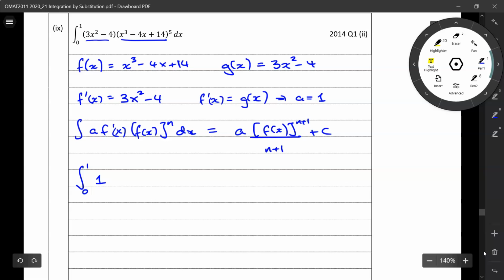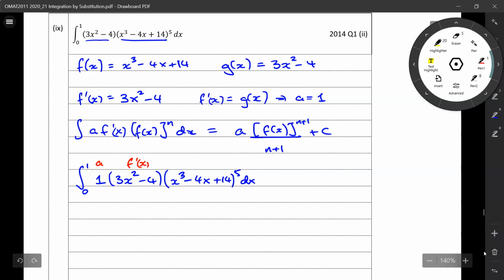A is 1. F prime x is 3x squared minus 4. And then we have f of x, which is x cubed minus 4x plus 14, to the power of 5 dx. So that's the formula we start with, where we have a, f prime x, the first derivative, and f of x itself brought to the power of 5.